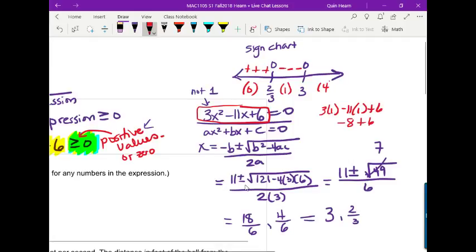And then we're going to try plugging in a test point to the right of 3. If you do that, you have 2 times 4 minus 11 times 4. So 2 times 4 is 8. Minus 44 plus 6 is going to give you, oh, I think I made a mistake because this should not have turned out to be, let's see here.